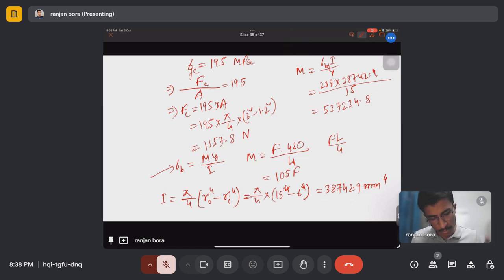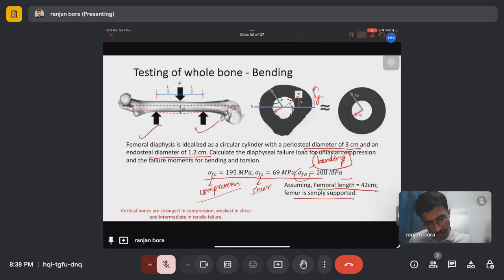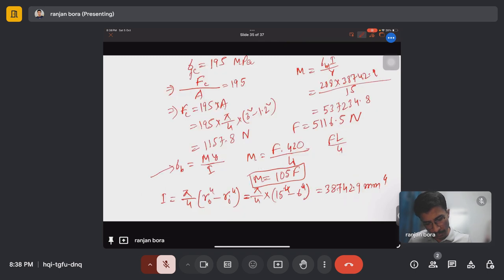Now if you use this expression M equal to 105 F, from here F will be 5116.5 Newton. So this F is for bending.